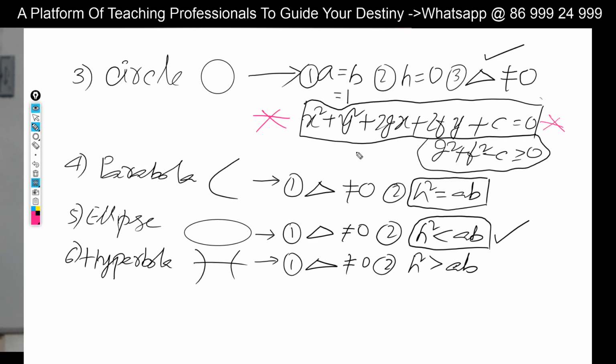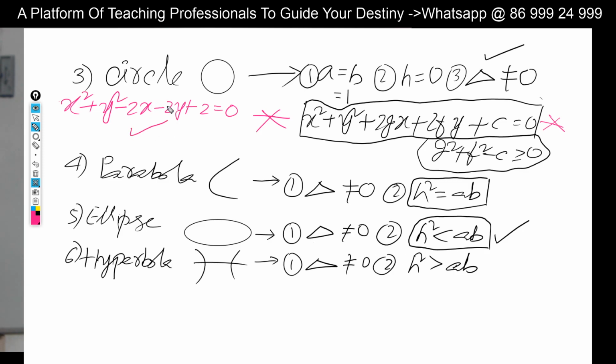Further, whenever you see such an equation, for example, if I write an equation like x square plus y square minus 2x minus 2y plus 2 equal to 0, before learning coordinate geometry we see this as an equation.